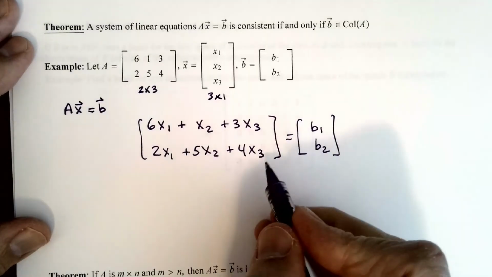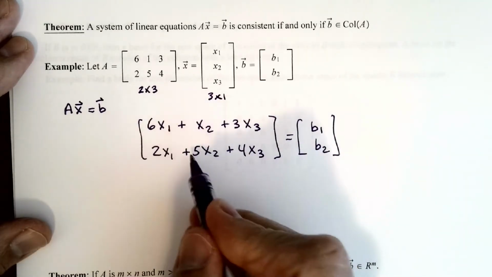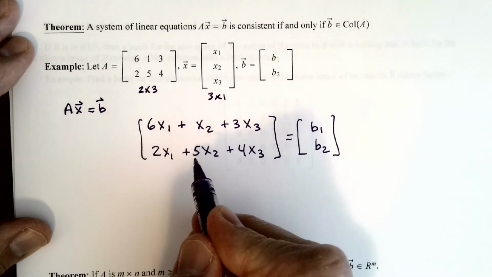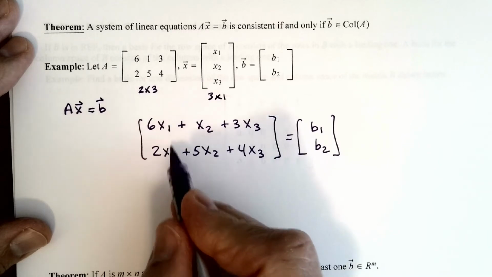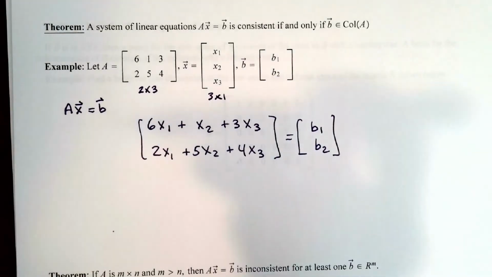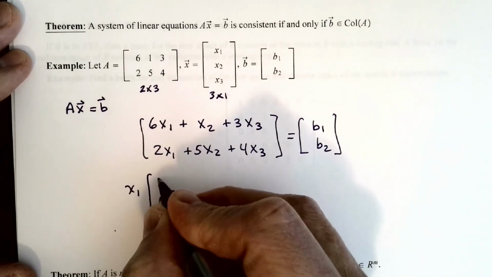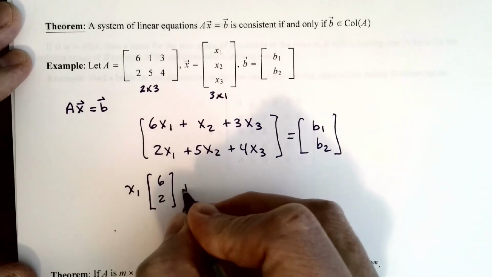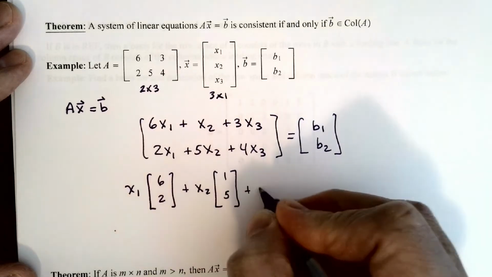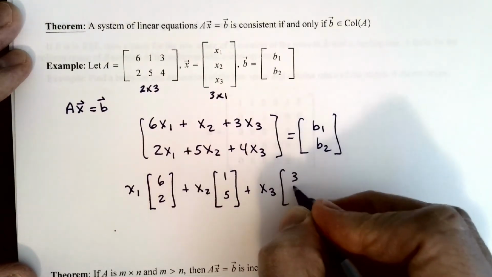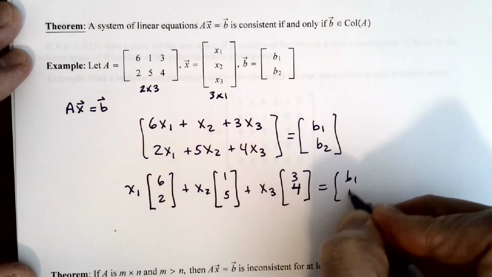But this matrix product, A times x, can also be thought of as a linear combination of the columns of the matrix A. Let me show you how to do this. You'll see the common x1 here and here. What I'm going to do is x1 times the column vector (6, 2) plus x2 times the column vector (1, 5) plus x3 times the column vector (3, 4) equals (b1, b2).